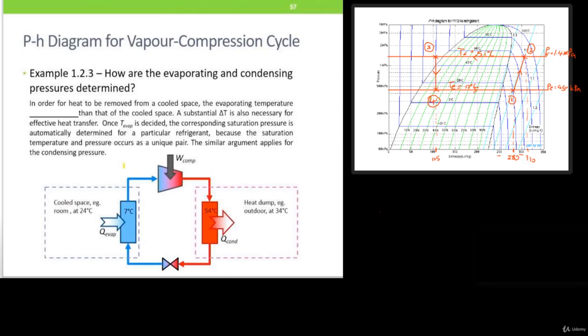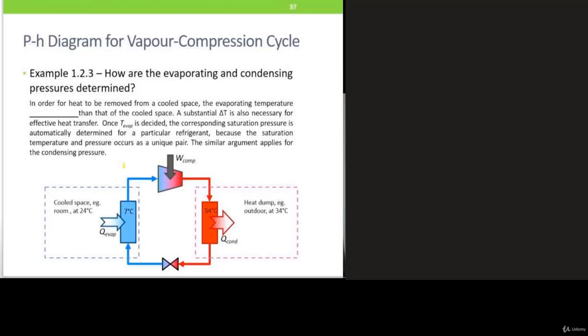So lastly, for the next example, how do we determine these two pressures? How do we know it should be at around 400 kilopascal or 450 kilopascal or 350 kilopascal? How do we determine this pair of pressures or this pair of temperatures? Take note that, for example, if I want to cool down a room that is 24 degrees Celsius, I must supply air at maybe around 17 or 18 degrees Celsius in order for my room to become 24 degrees Celsius.